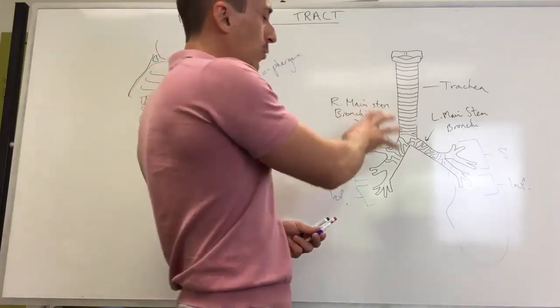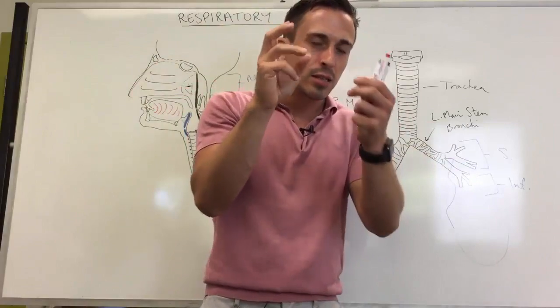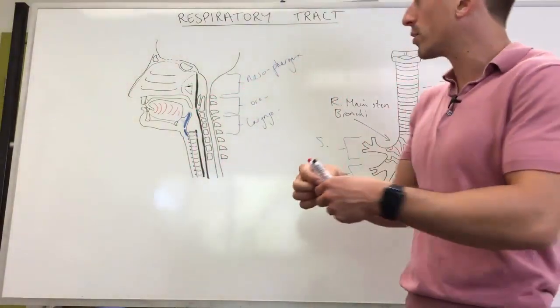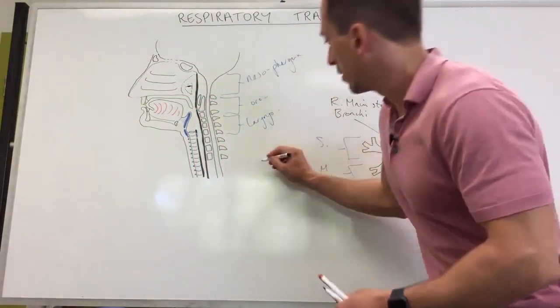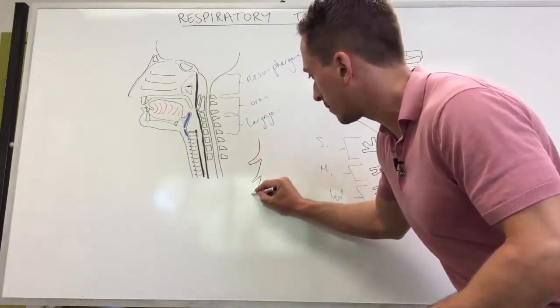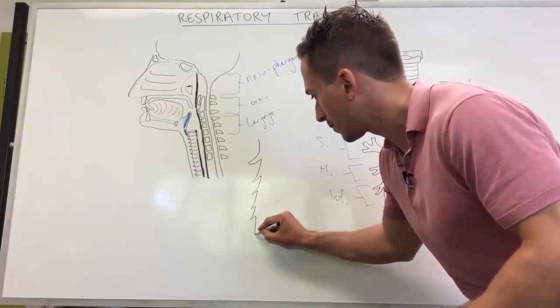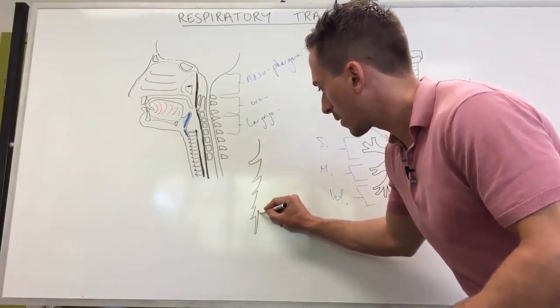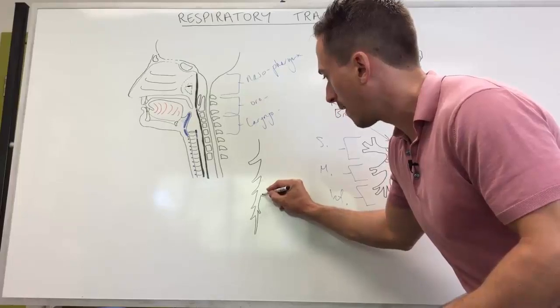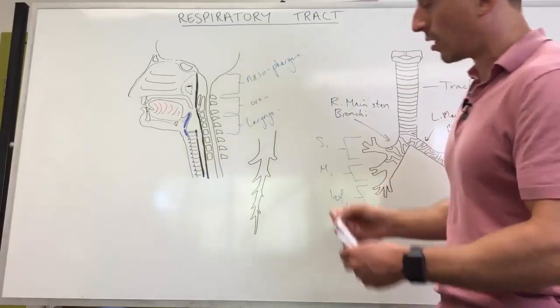So, as we move down, we're ultimately at the bronchioles, 0.5 millimeter in diameter, and it gets small. And there's two major types of bronchioles. As we move down, let's just say we'll draw up some branching here. Okay, so what we've got here is how the bronchi turn into bronchioles.